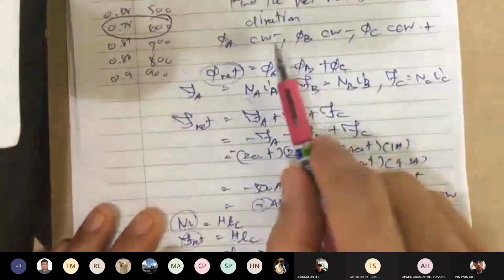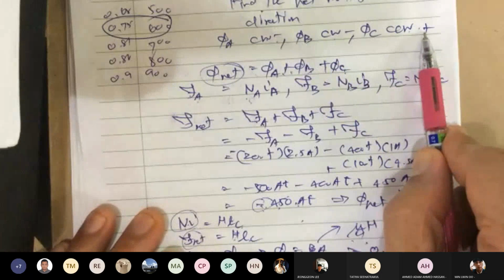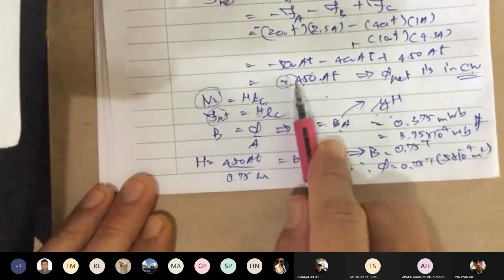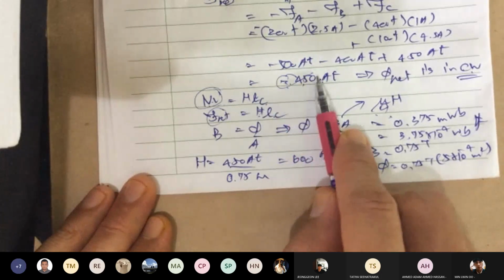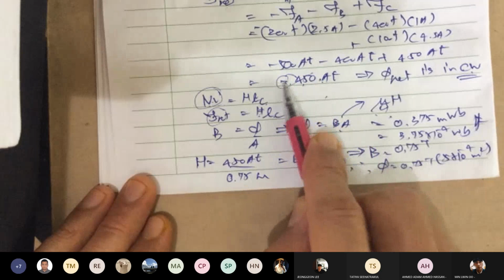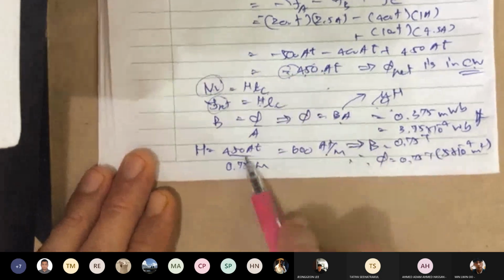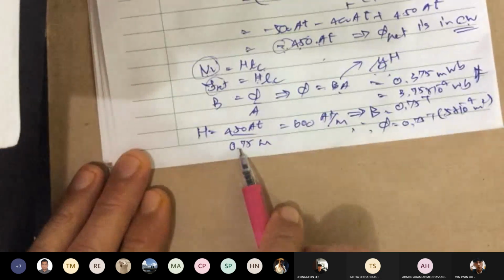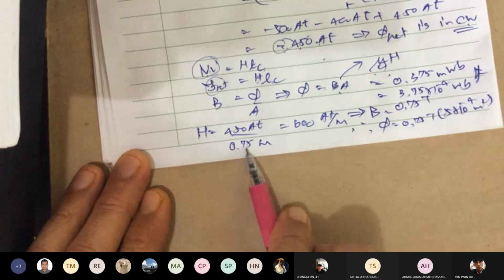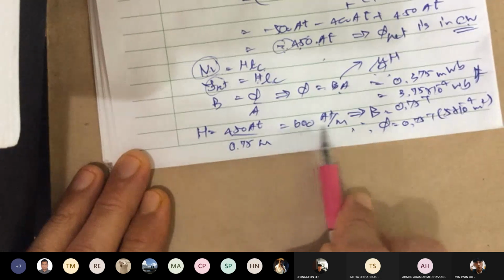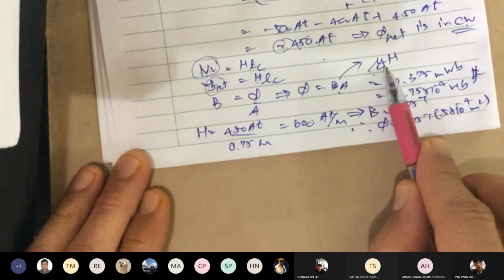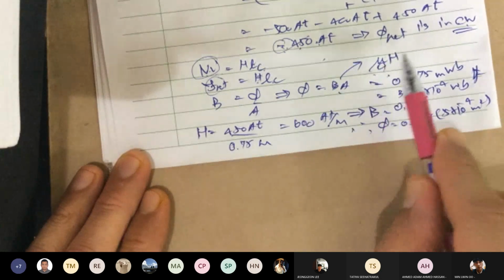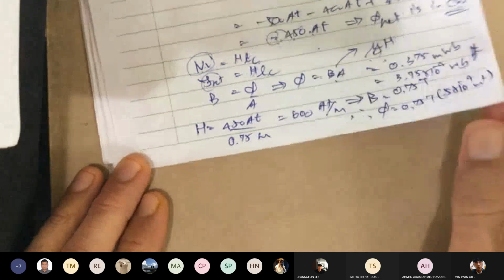You can do the other way around. You can say positive, positive, and this must be negative. You can get 450. But you just use that sign to determine the directions only. Once you want to calculate H, you omit that sign. So it becomes 450 in this case, divided by LC, which is 75 centimeters or 0.75. You get 600 ampere-turns per meter. You can use B equals mu H if you know mu, or in this case, you have a table already.